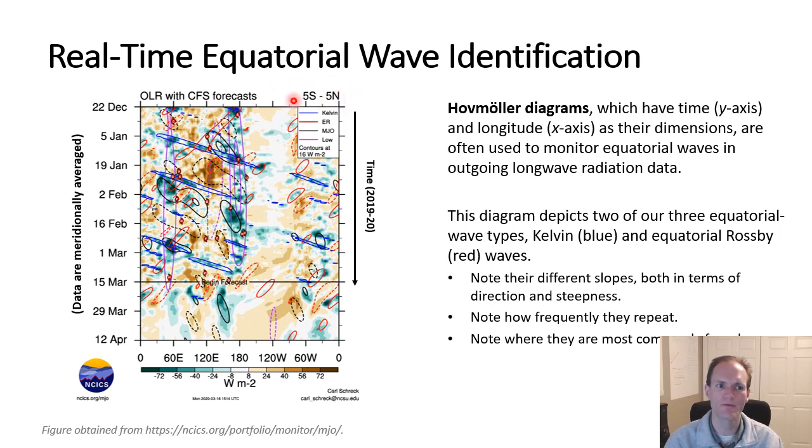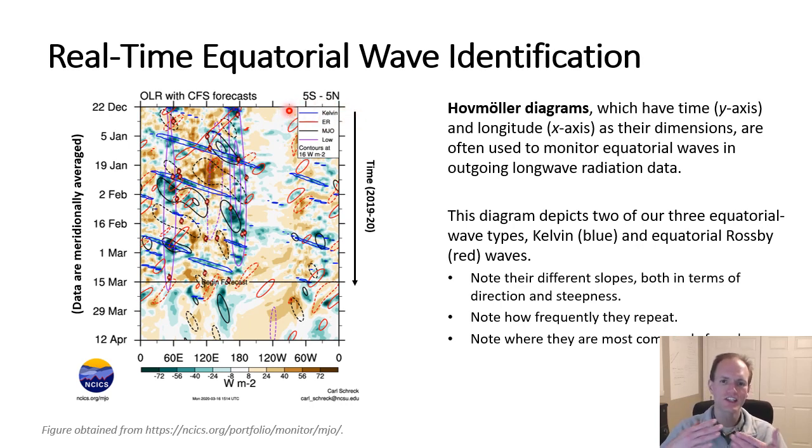Because we're dealing with symmetric data across the equator, we can't get our mixed Rossby gravity wave out of this. We have the Madden-Julian oscillation and then a low-pass filter, which is looking at very long-term variability, generally associated with the El Nino Southern Oscillation that we'll discuss later this semester as well. But for now, we'll focus just on these blue and these red contours here.